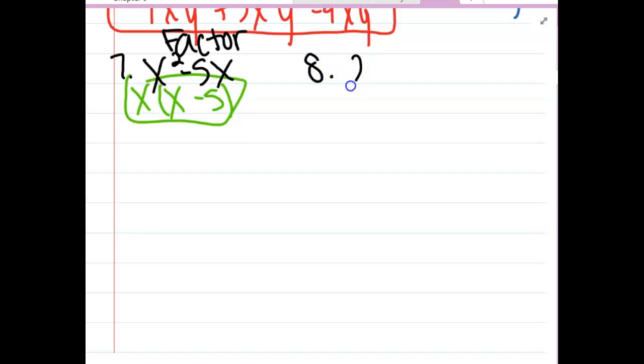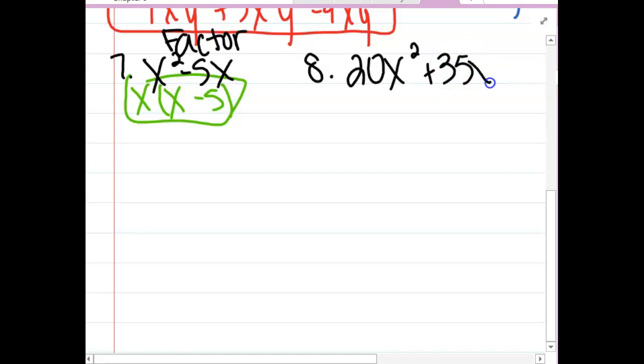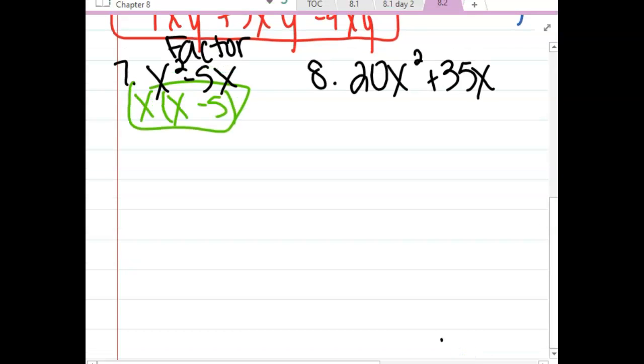Okay. Let's try 20x squared plus 35x. So remember, if I'm asking you to factor, I'm asking you what could you multiply together to give you this. Okay? So, what would you distribute to what to give you 20x squared plus 35x?